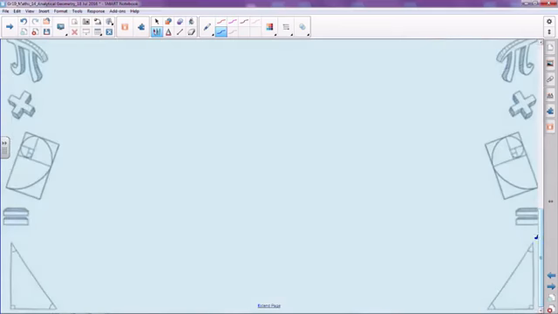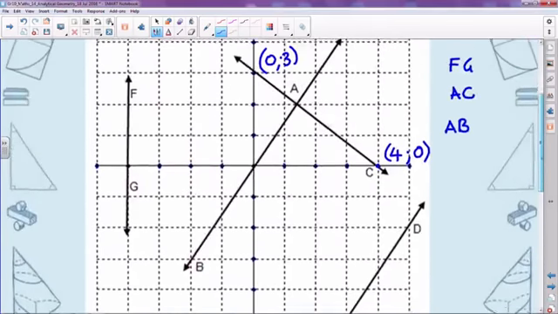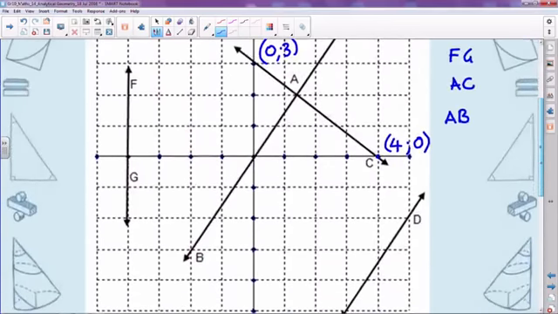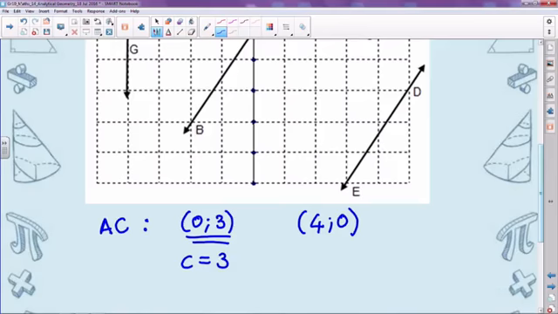So AC has two coordinates that I can work with. They're both intercepts. And they are (0, 3) and (4, 0). Now this is the y-intercept, so that means that c will automatically be equal to 3.